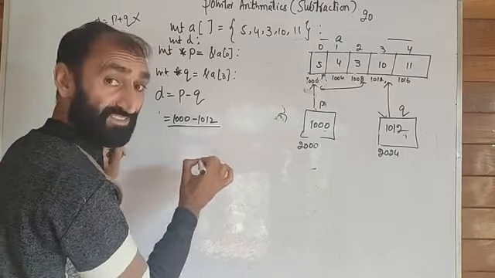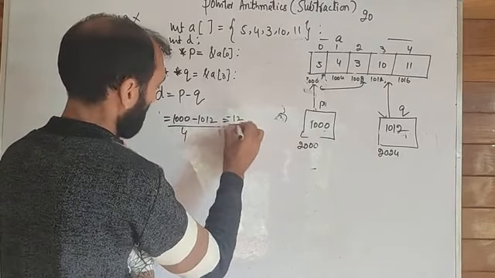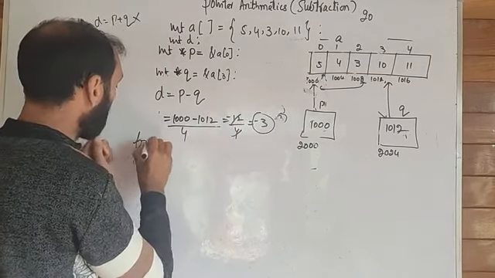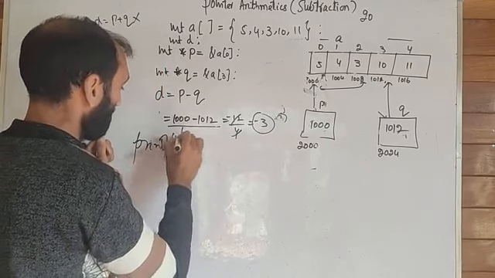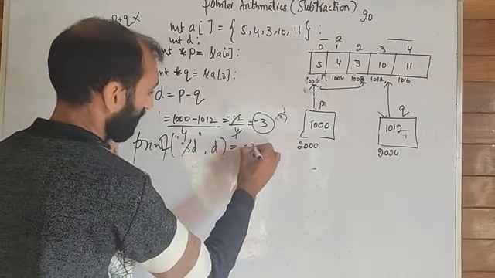Divide by the size of this, which is 4, so that means minus 12 divided by 4, that is minus 3.